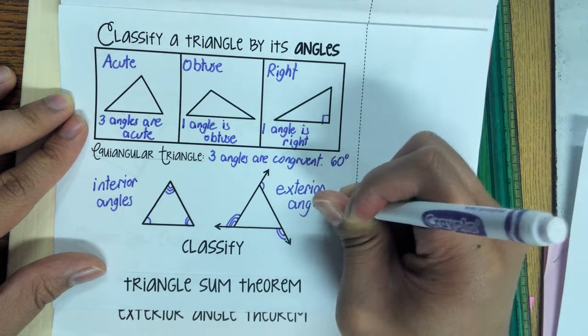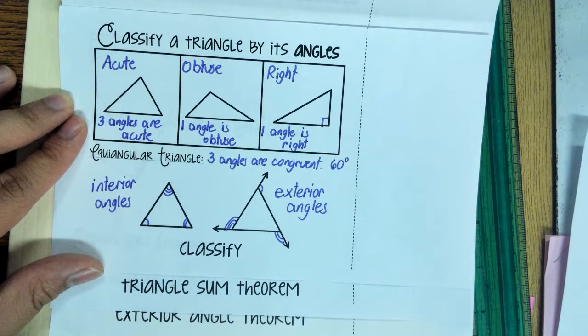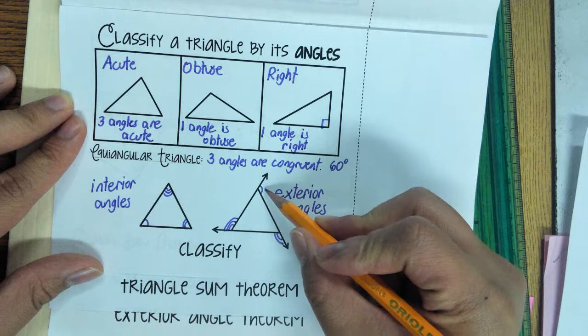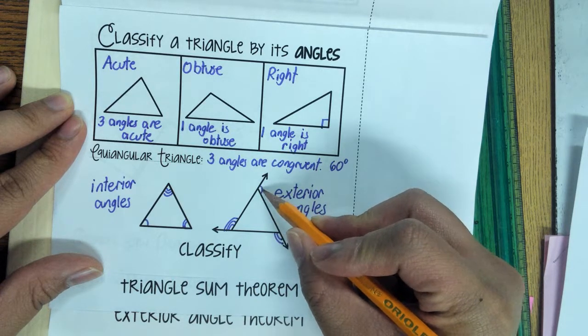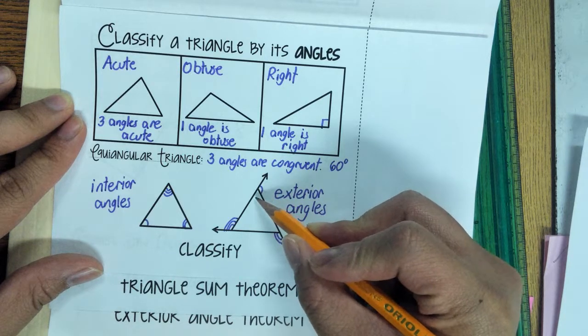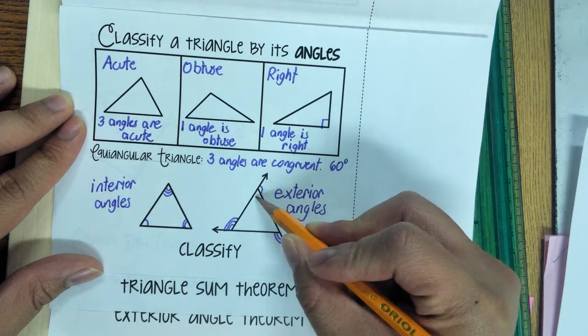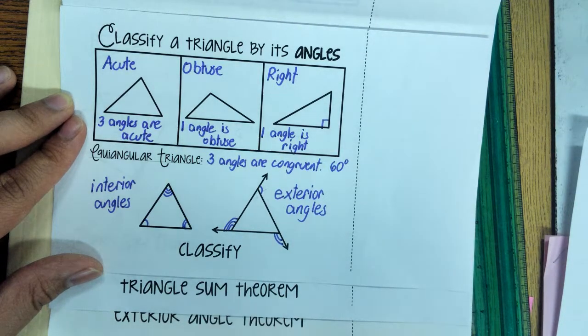One thing I would like to point out is if we look at one exterior angle and the interior angle adjacent to it, meaning this angle out here and this angle in here, these 2 form a linear pair, meaning these 2 add up to 180 degrees. So linear pair along with vertical angles are concepts that will come back in this unit.